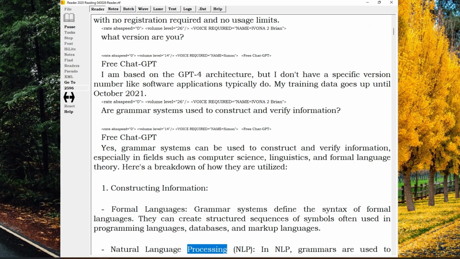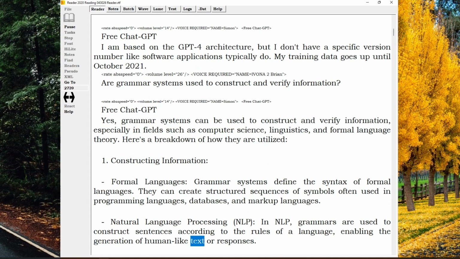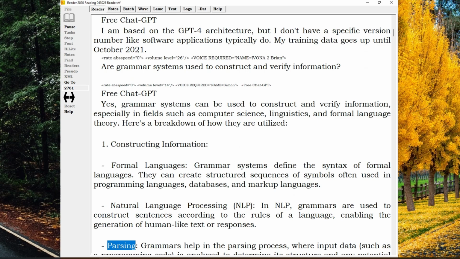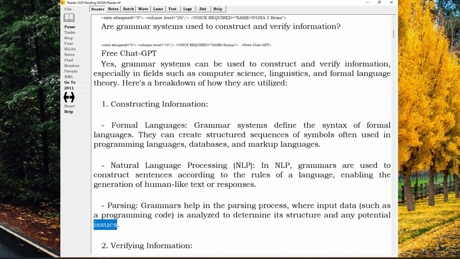Natural language processing, NLP. In NLP, grammars are used to construct sentences according to the rules of a language, enabling the generation of human-like text or responses. Parsing. Grammars help in the parsing process, where input data, such as programming code, is analyzed to determine its structure and any potential issues. 2. Verifying information.